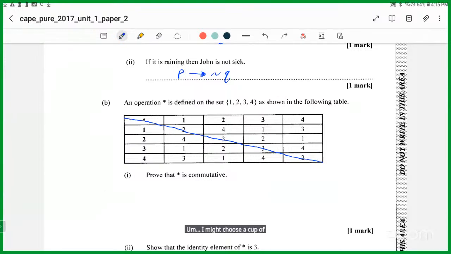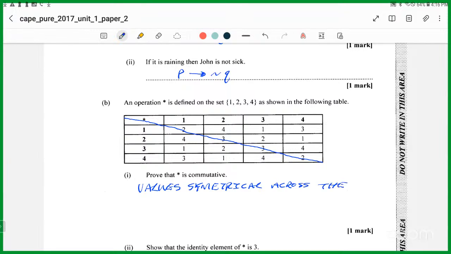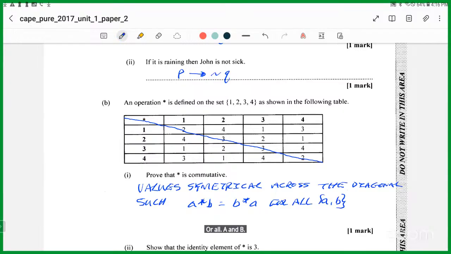I might choose a couple of values and show. Just to prove, I would say values symmetrical across the diagonal, such that A star B equals B star A for all A and B which are members of the set 1, 2, 3, 4.